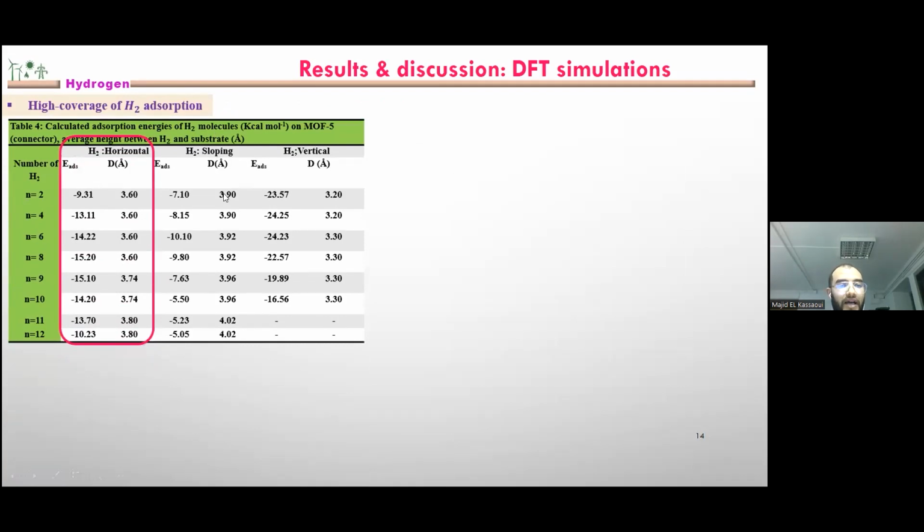To add several hydrogen molecules on the surface, as shown in this table, for horizontal and inclinic or sloping orientation, the number of adsorbed molecules is important, up to 12 hydrogen molecules, while for the vertical orientation, the connector can absorb only a chain of hydrogen molecules without any structural deformation.